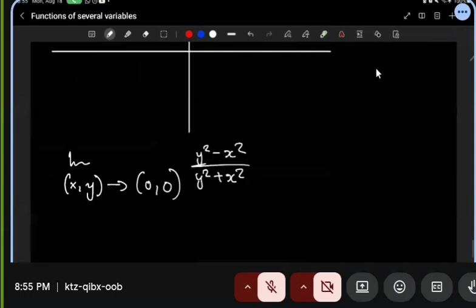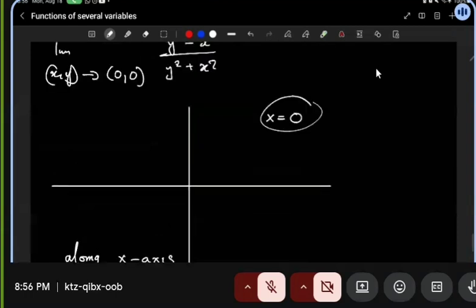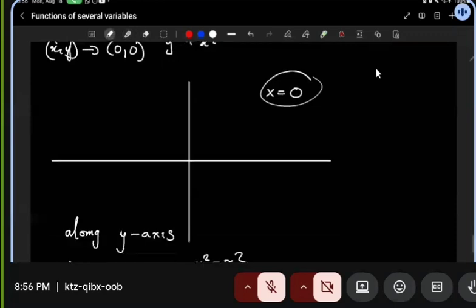So if I'm approaching the limit along the x-axis, when I write x is equal to 0, I'm basically saying along the y-axis. Since I already wrote that x is equal to 0, I am approaching along the y-axis. And the y-axis is the line x is equal to 0. So I am approaching the limit along the y-axis.